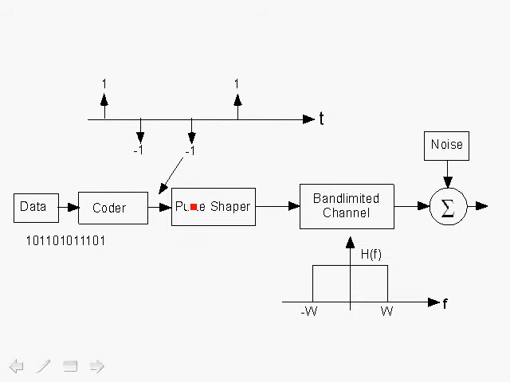One is we have a pulse shaper that generates impulse responses for each input symbol that are band limited and meet the requirements of the band limited channel, and we get a bonus in the sense that the resultant signal from pulse shaping using the sinc function has zero intersymbol interference at the peak.